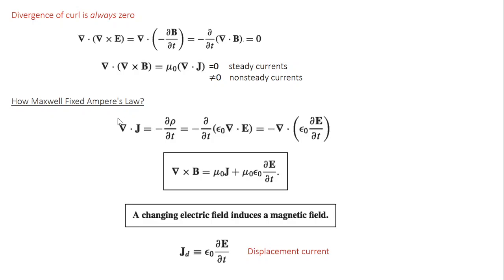Maxwell took the continuity equation, divergence of J equal to minus dou rho by dou t. Using Gauss law, you can write rho as epsilon naught divergence of E. So divergence of J equals minus dou by dou t of epsilon naught divergence of E. You can interchange these two derivatives and write this as minus divergence of epsilon naught dou E by dou t.